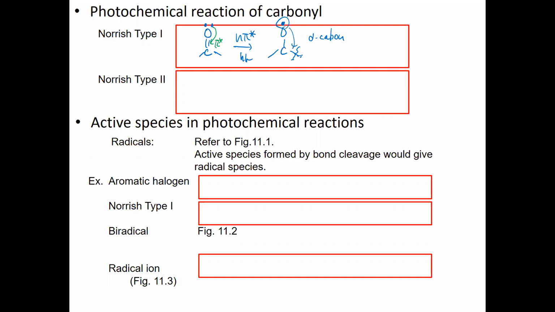The other reaction is called the Norrish type 2 reaction. If you have a carbonyl, again due to n-pi star excitation, this one is something like a CO radical-like species.